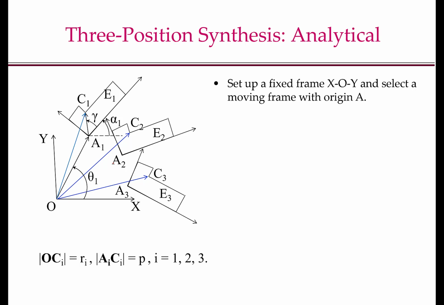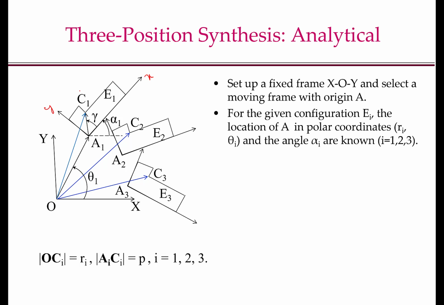We will first set up a fixed frame XOY and select a locally rotating coordinate system with axes small x and small y. We know that E1, E2, E3 are known configurations. E1 is known means that the length of the vector OA1 is known, which we denote as R1.